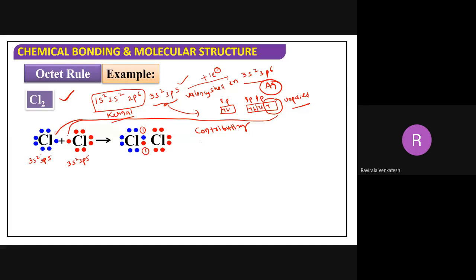So we got a chemical bond. Sharing equally is nothing but the formation of a covalent bond.